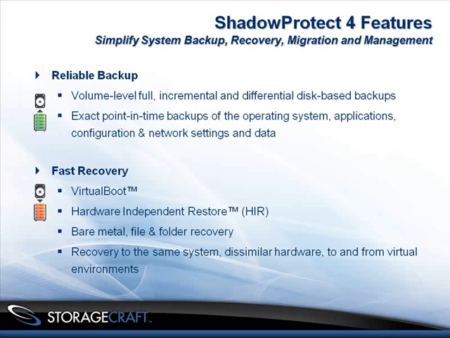Reliable backup. ShadowProtect always backs up. It works awesome. You're going to get volume level full backups, incremental backups, and differential backups with ShadowProtect. So let me translate what that means. We have a volume snapshot manager, which gives us the ability to take a picture or a photograph of a machine while it's hot and running.